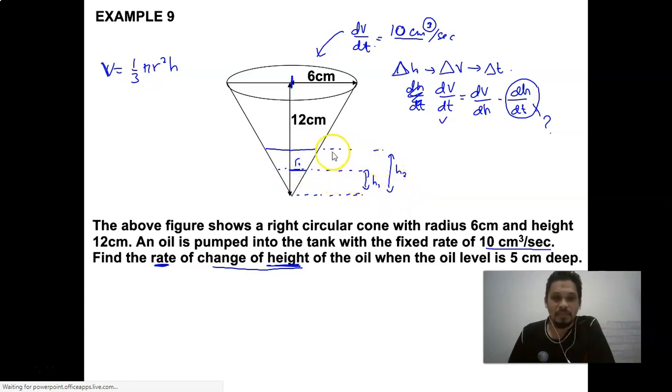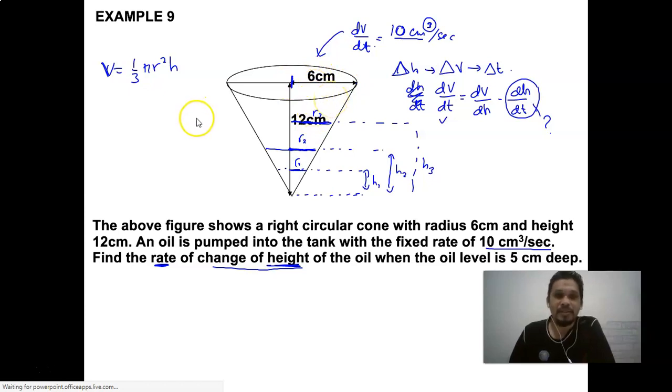When it reaches H2, it is a different radius R2. And if I add another one here, this is H3, then look at this radius, it is different from here and different from this, where R3 is greater than R2, greater than R1, and then on top, of course, 6 is greater than R3.